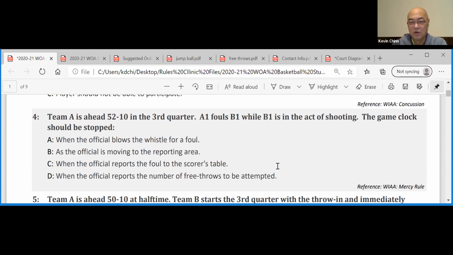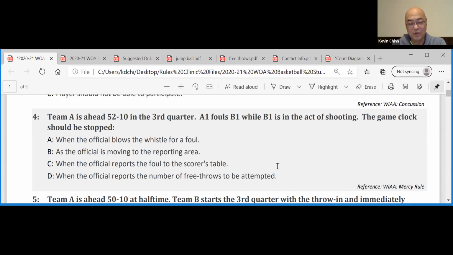The only time it stops on the running clock is if you have an injury, a timeout between quarters, or when you have free throws. The only way you could have a common foul is when we're not shooting free throws.